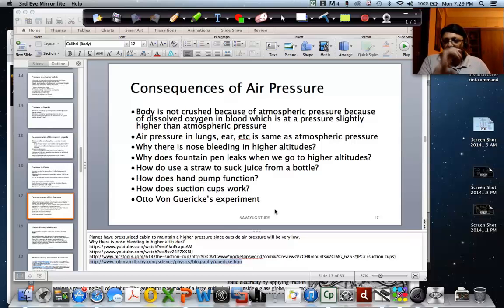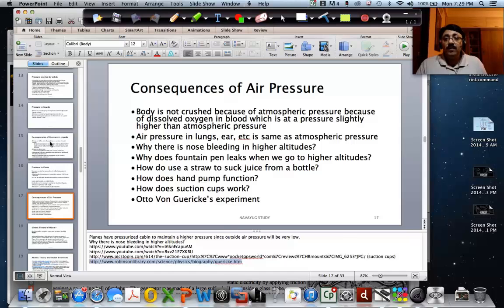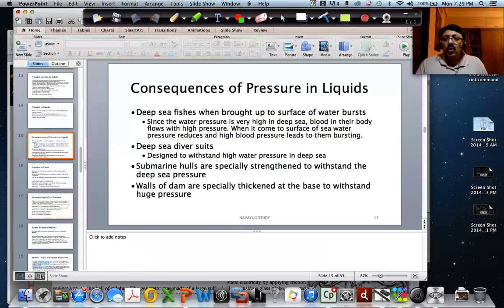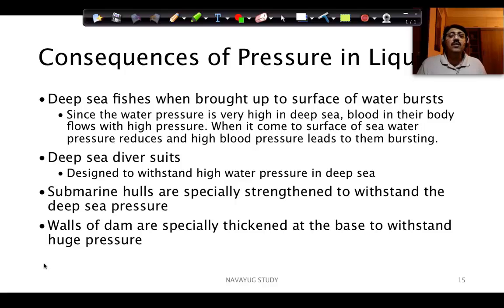Okay? All right. So now let us go back to consequences of liquid pressure. We saw that the liquid pressure, when it is exerted, is directly proportional to the vertical height of the liquid column. It is directly proportional to the density of the liquid. And then of course there's a constant, acceleration due to gravity.